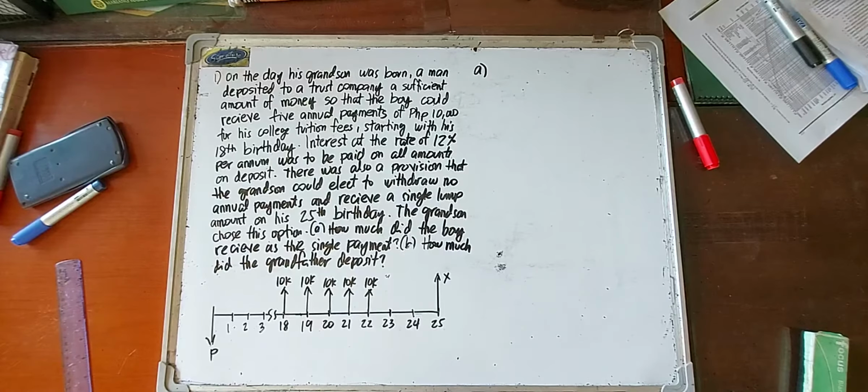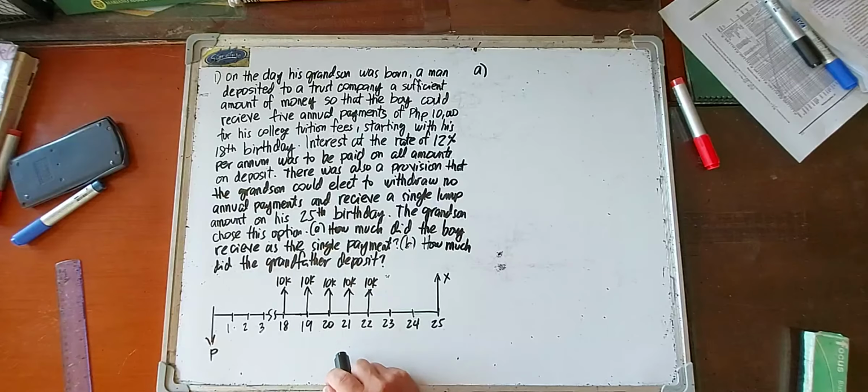So on the 18th year, meron siyang 10,000 hanggang matapos yung kanyang college degree. So ito, 5 years ito. 1, 2, 3, 4, 5. So siguro engineering ito. So 18th year, 10,000 every year hanggang the 22nd year.